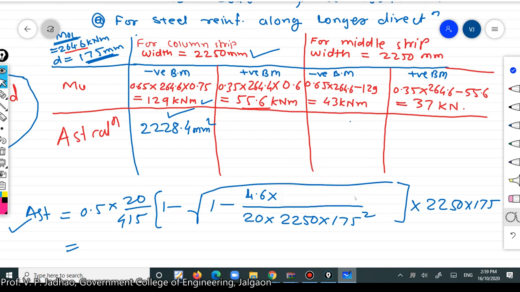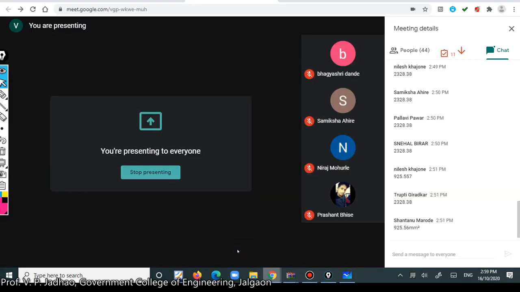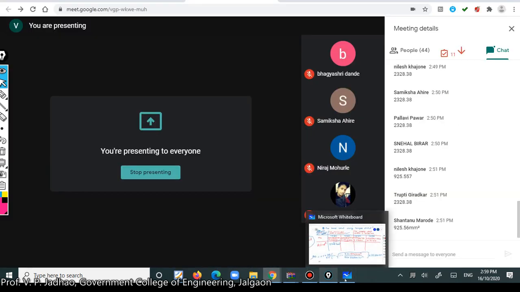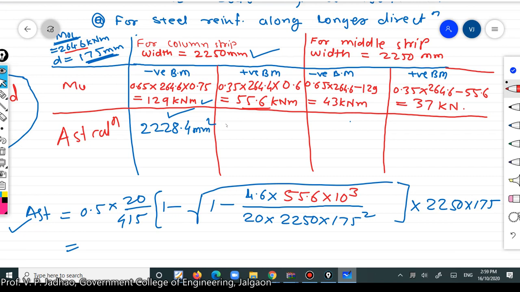Now for this positive bending moment, just put here the value 55.6 kilonewton meter, that is 55.6 into 10 raised to power 6. You will get some value of Ast. How much is it? 925.56 mm square.